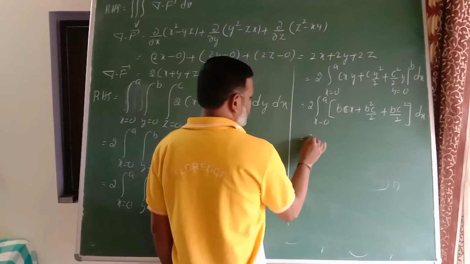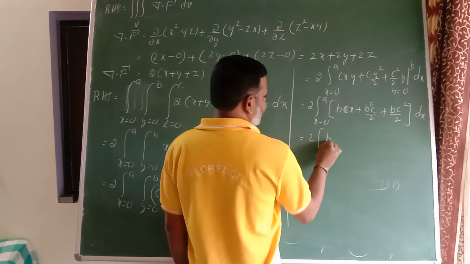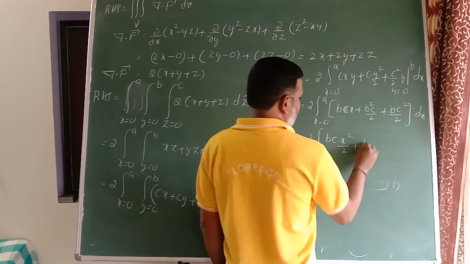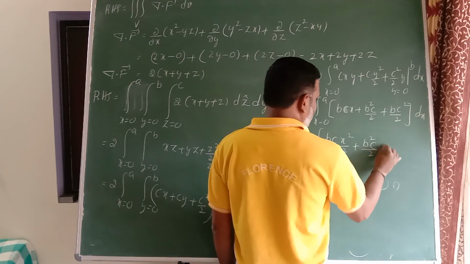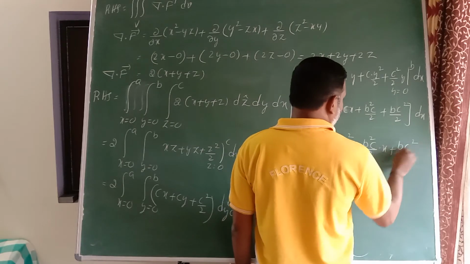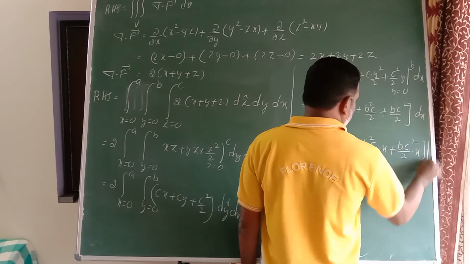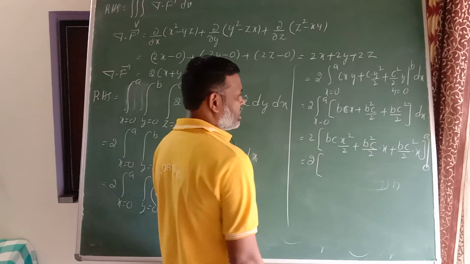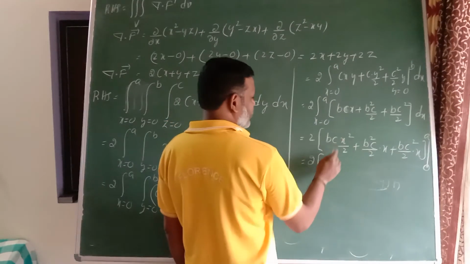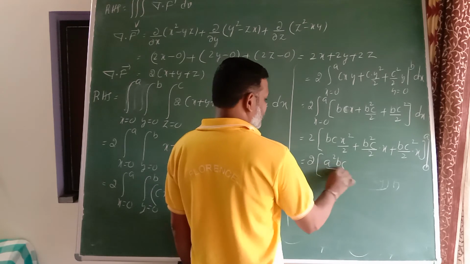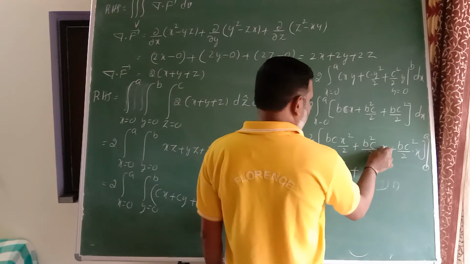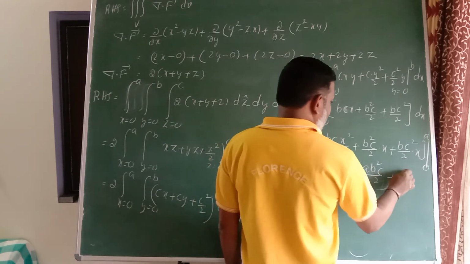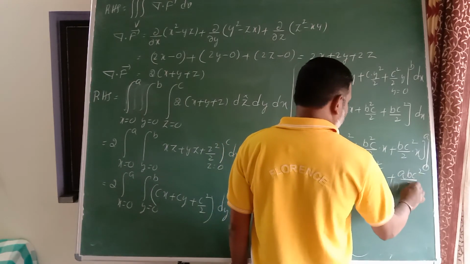Now we have to integrate with respect to x. bc into x square by 2, plus b square c divided by 2 into x, plus bc square by 2 into x, from 0 to a. So that is equal to 2 times, applying the upper limit a: a square bc by 2 plus a b square c by 2 plus a bc square by 2.